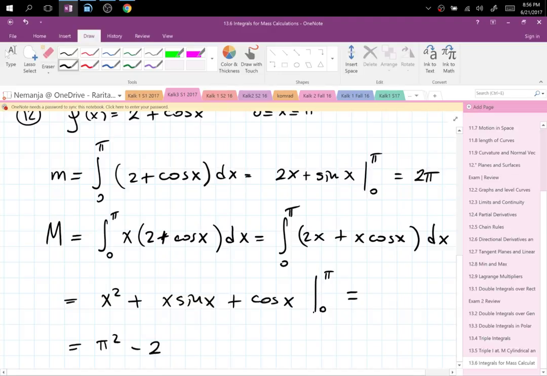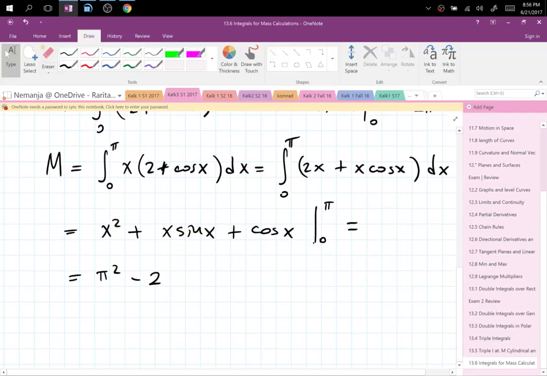So I have the moment to be pi squared minus 2, if everything is okay. So the center of mass is going to be pi squared minus 2 divided by 2 pi. It's about 1.5. You can get the decimals.